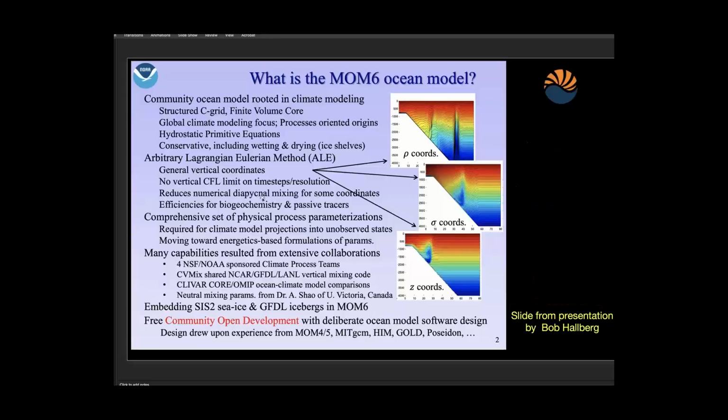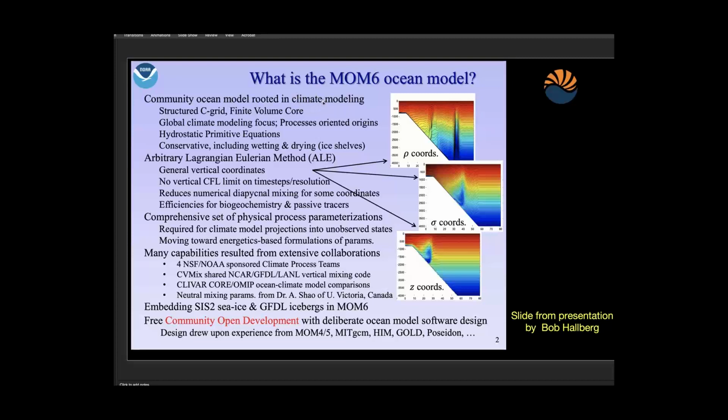Here's a slide I took from a presentation of Bob Hallberg from an NCAR talk he gave not too long ago. In case you're not familiar with MOM6, this is the one slide representation of it, and I'm going to just highlight the important things that matter to us here. Today, it's a community ocean model that's really rooted in climate modeling.